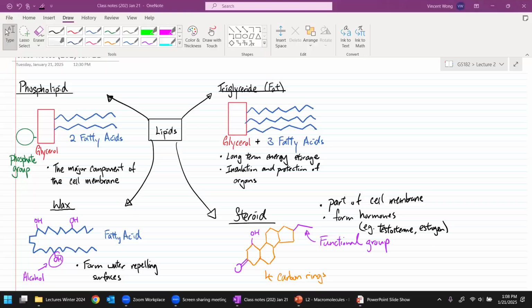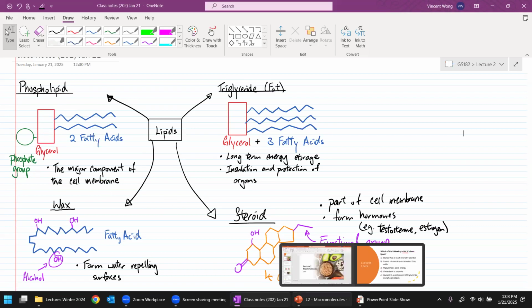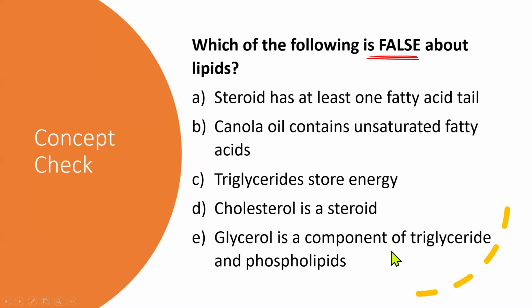Triglyceride has the glycerol, and phospholipid also has the glycerol. So that is a true statement. Cholesterol is a steroid. That's true. Cholesterol is a steroid that we use to make other steroids, like estrogen and testosterone. So that's not what we're looking for.